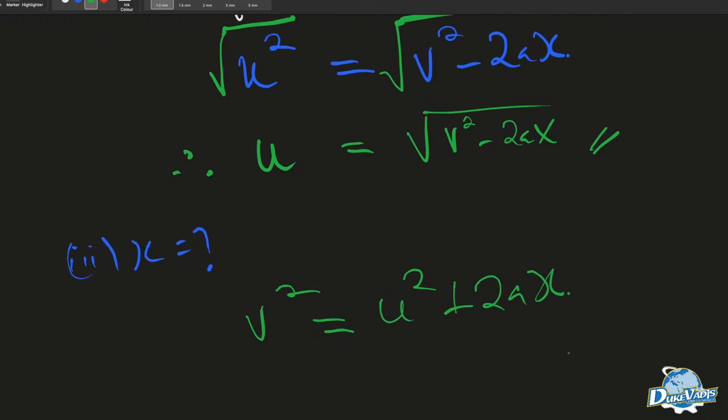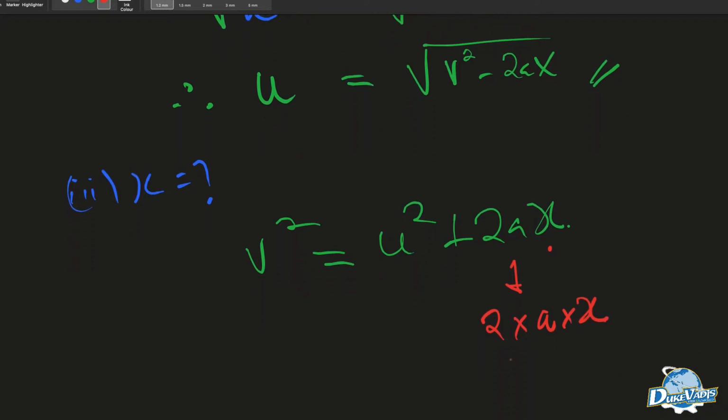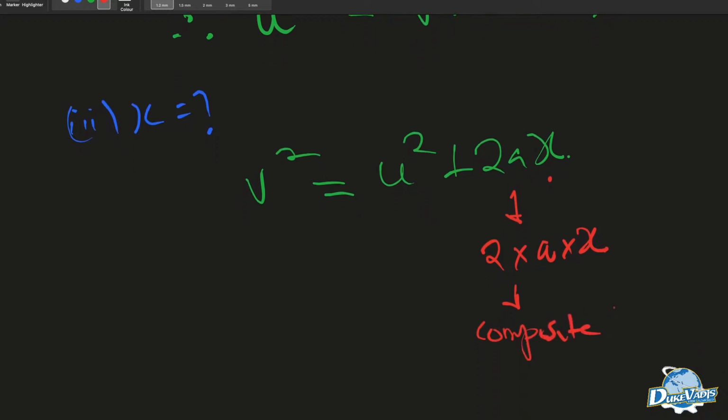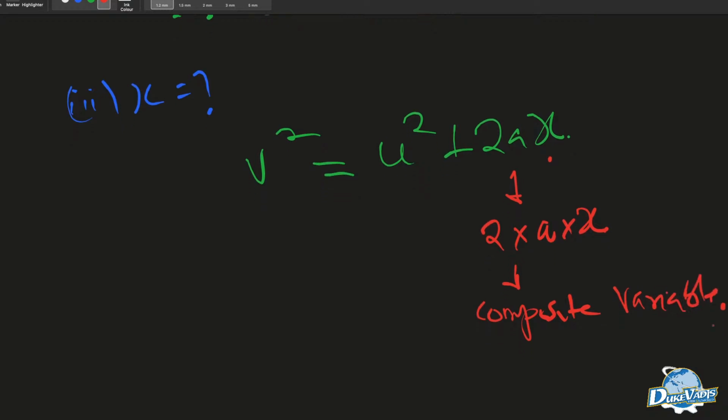Right now, we got to make x the subject from 2ax. You can see straight away that the x we're interested in is here, and the meaning of this is 2 is multiplying a and is multiplying x. So we know that this is a composite variable, so we treat it as one variable.